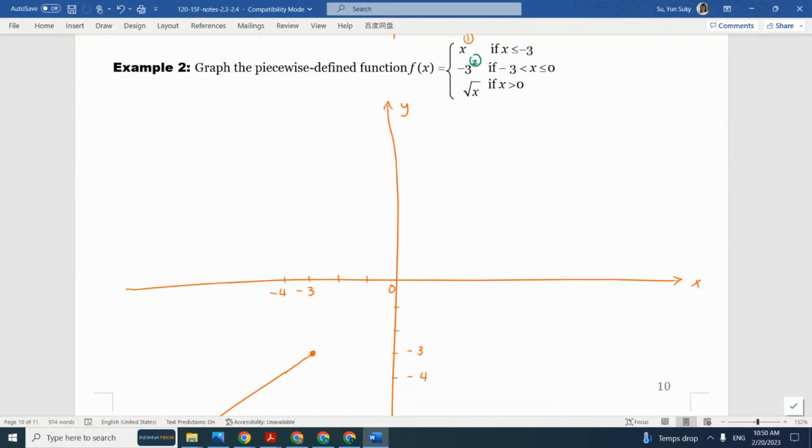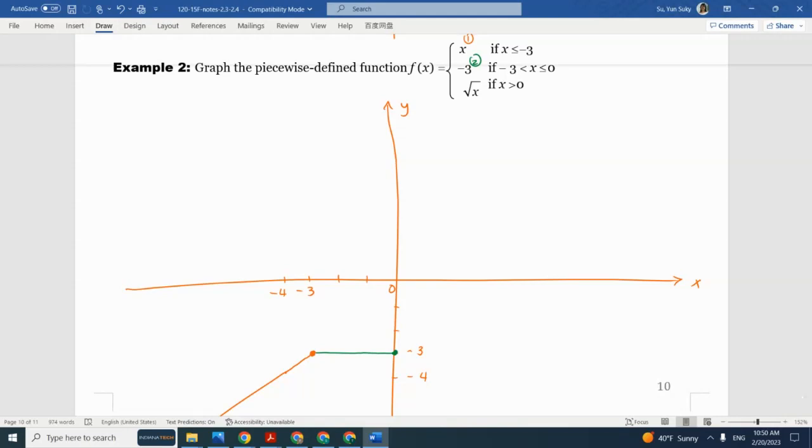Yes. -3 is a constant function. We put open circle, but because that point is already there, then you don't need to remove the point. We just connect them. That's the second piece.